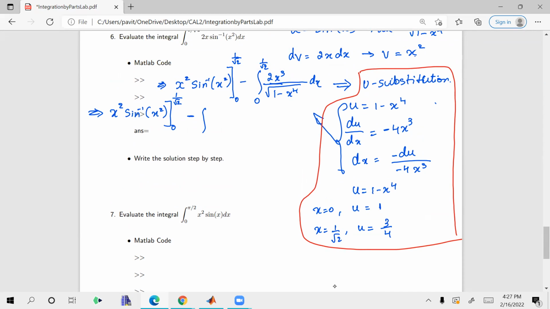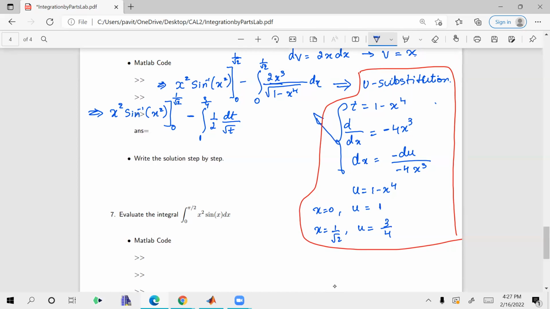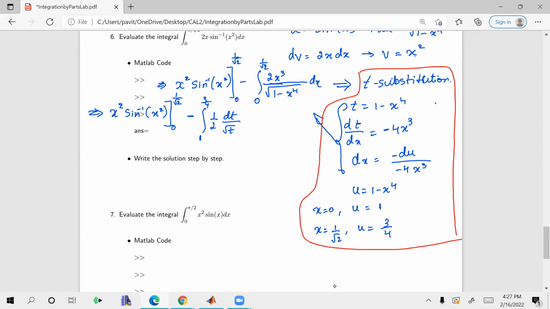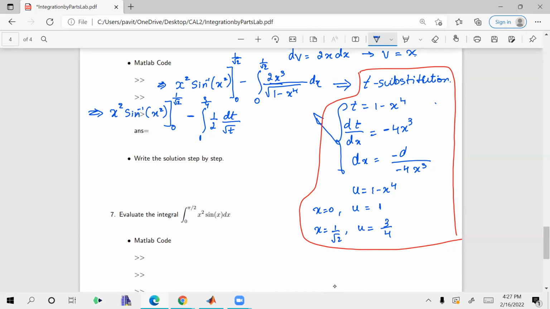The limits will change, that is 1 to 3 by 4, half times dt by square root of t. I'll take this as t because we have already used u, let's name it as t sub.